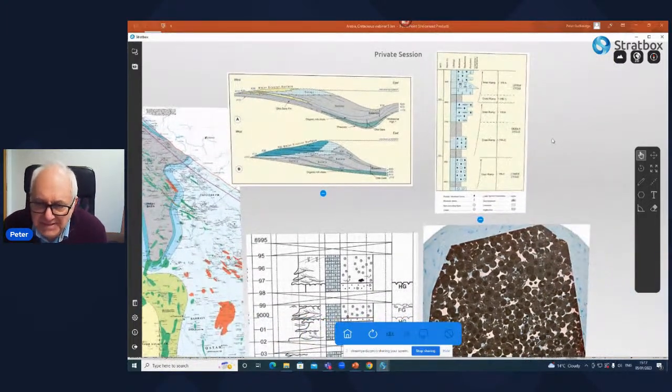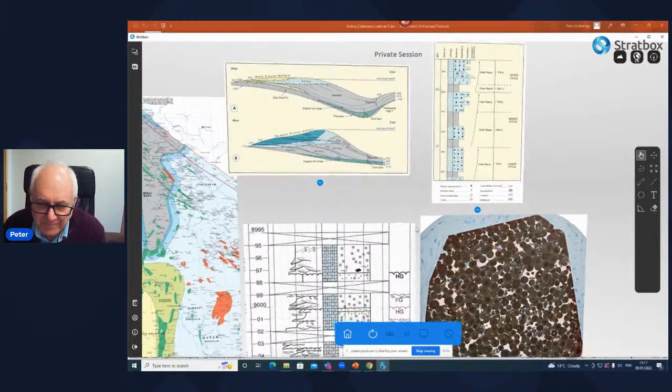In a bit more detail, you can see that the Minagish oolites stack up into these progradational packages, each of which represents one of these third order sedimentary cycles. So we've got the best reservoir quality located at the top of each sedimentary package.